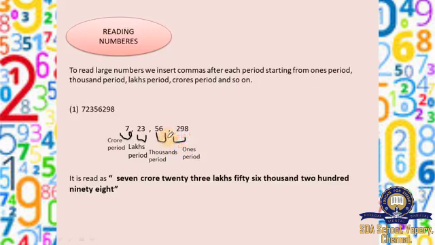So we insert a comma. Next is the thousands period. Thousands, ten thousands together are called the thousands period. So we insert a comma. The next is the lakhs period. Lakh, ten lakh together are called the lakhs period. So we insert a comma. The number will be read as 72,35,628: 72 lakh 35 thousand 628.